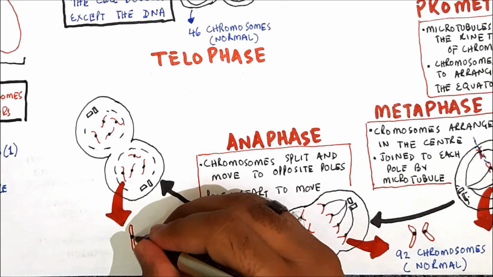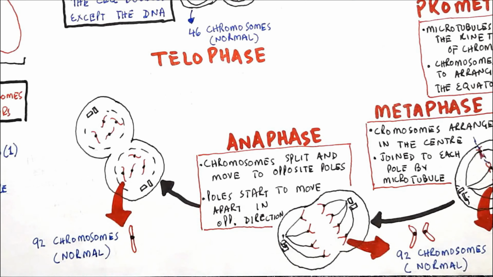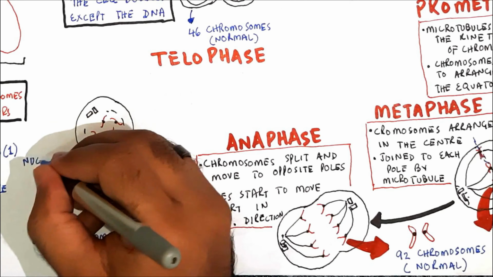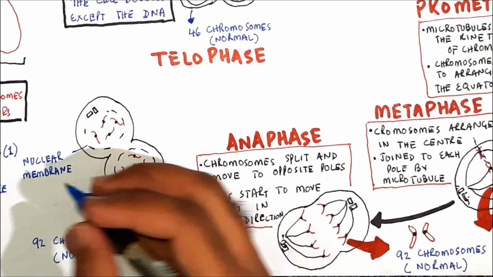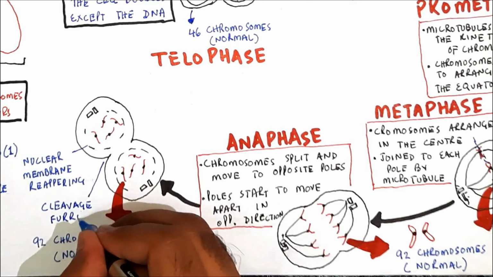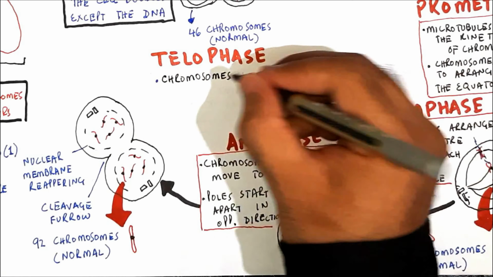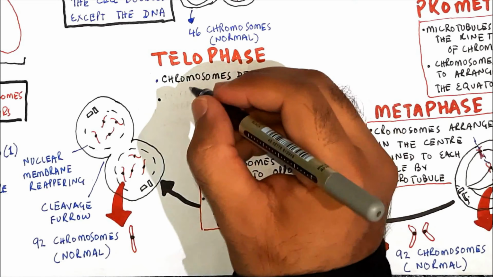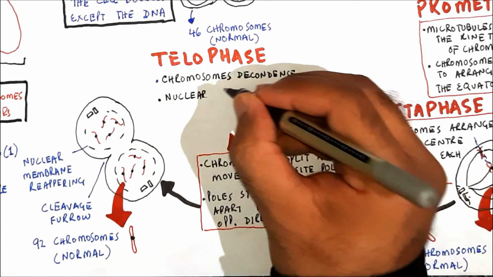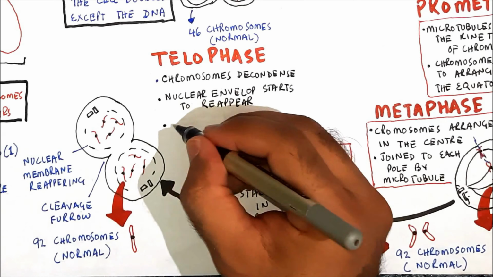Each nucleus has 46 chromosomes, that means one cell having 92 chromosomes, all the normal ones, but the nuclear envelope now reappears. We can see this cleavage here called the cleavage furrow, which helps a lot in dividing these cells. So the chromosomes decondense again into the chromatin material, the nuclear envelope reappears, and the cell starts to divide into two.